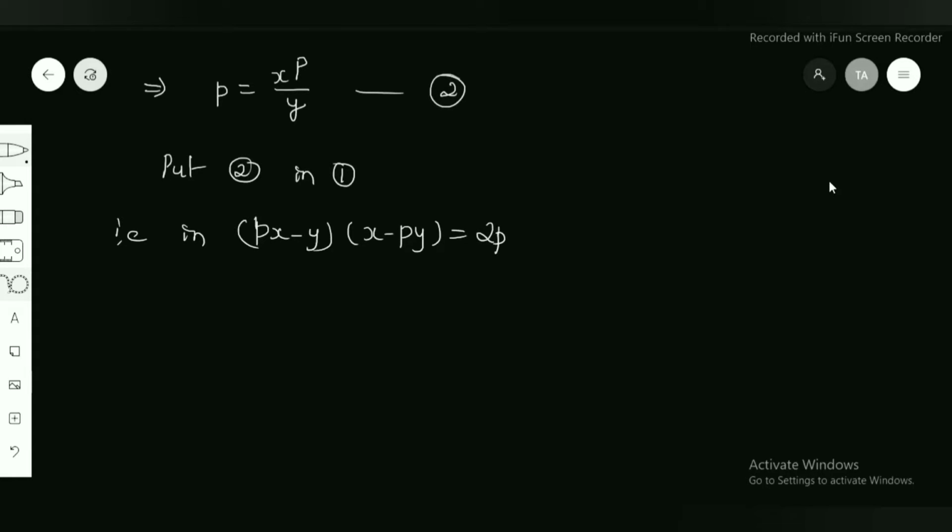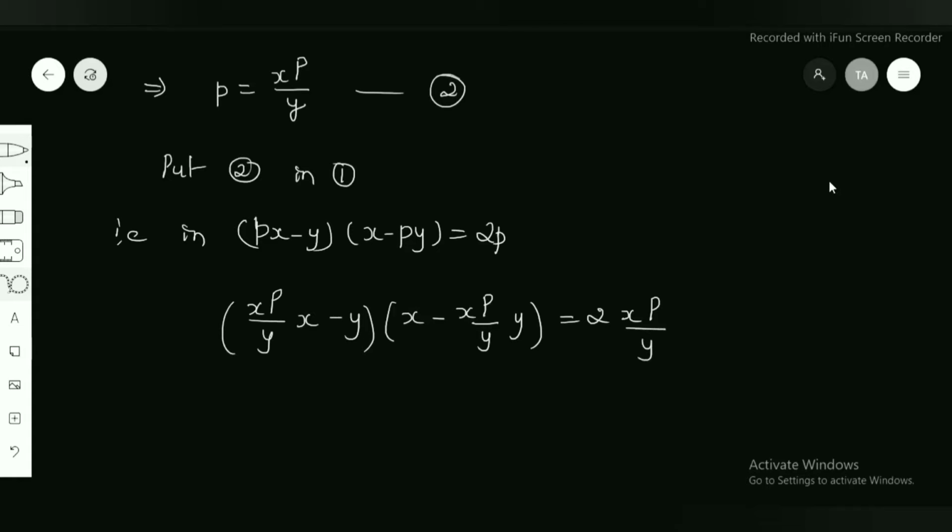Be careful: (x·xP/y - y)(x - (xP/y)·y) = 2xP/y.